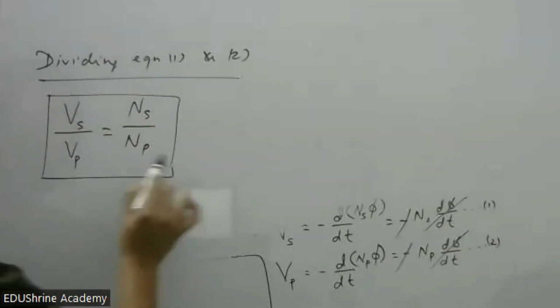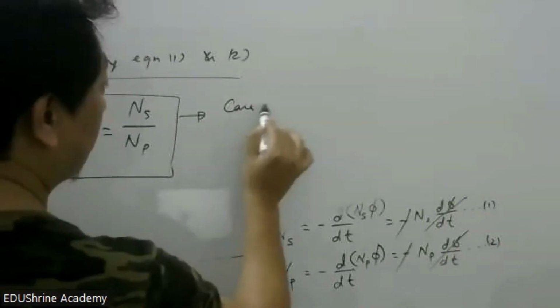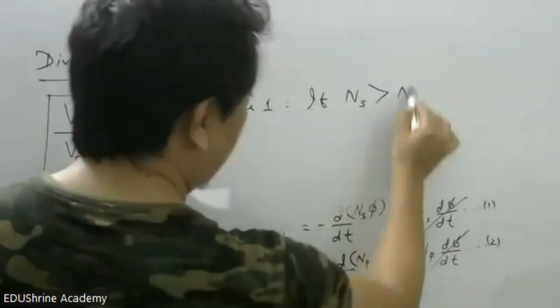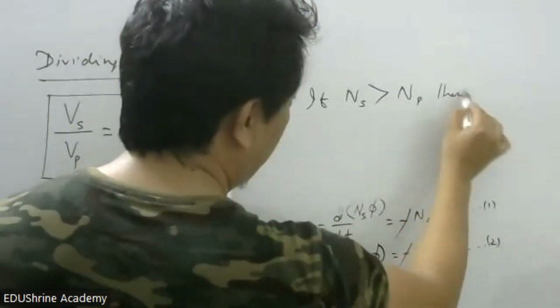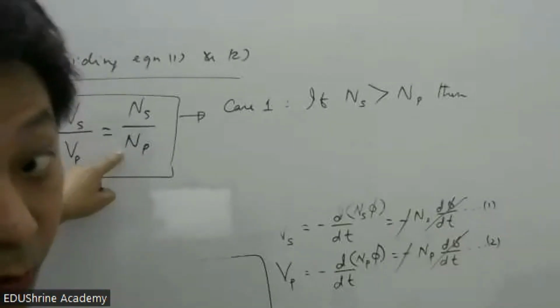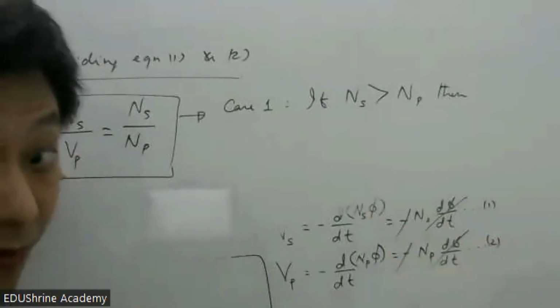So this is a very nice, beautiful relation. So from here we can see case 1. If the number of turns in secondary is greater than the number of turns in primary, if this is 100, this is 50. 100 divided by 50 will be what? 2. That means the voltage in the secondary output will be double the input.